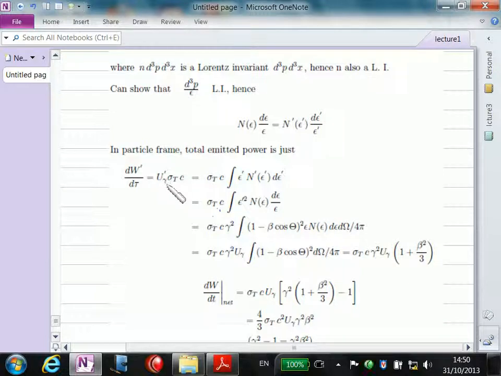And that's assuming that in the lab frame it's isotropic, as we'll see.